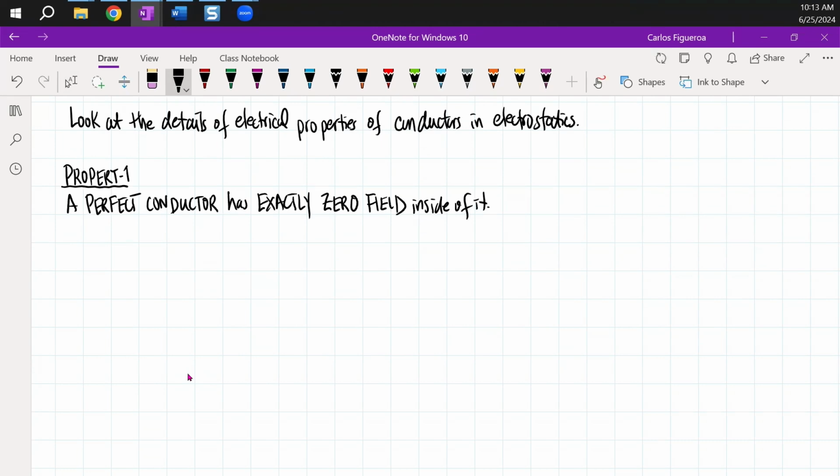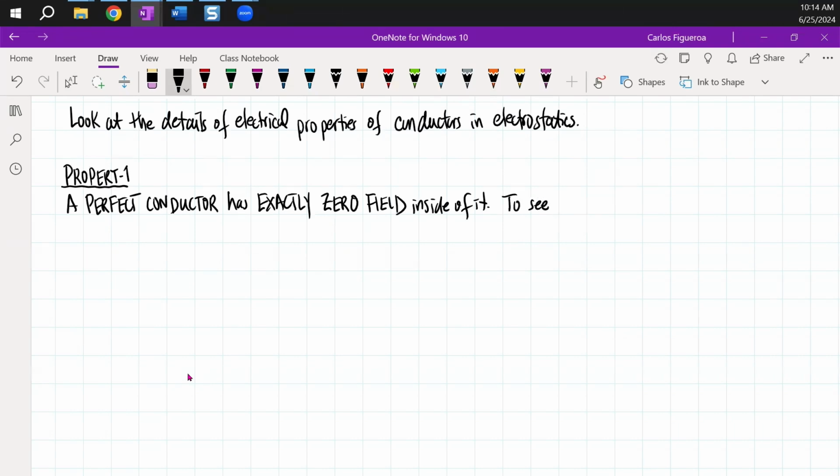So when you think about electrical wires, are they perfect conductors? The answer is no. So therefore, they have a small electric field inside the wires, but perfect conductors do not.